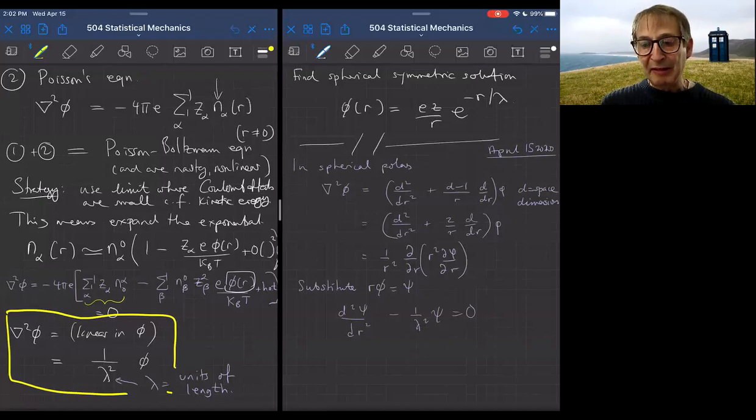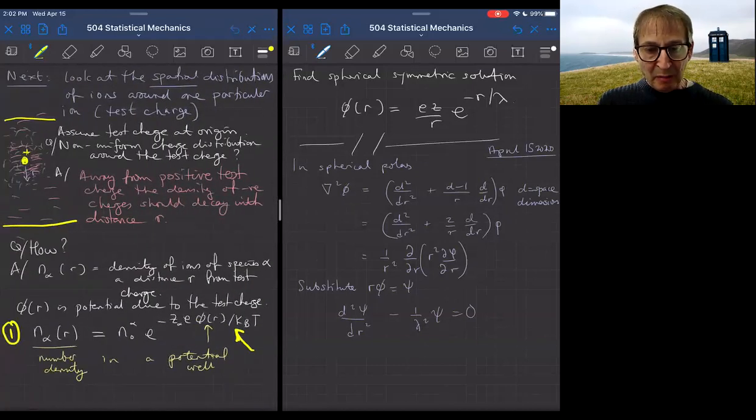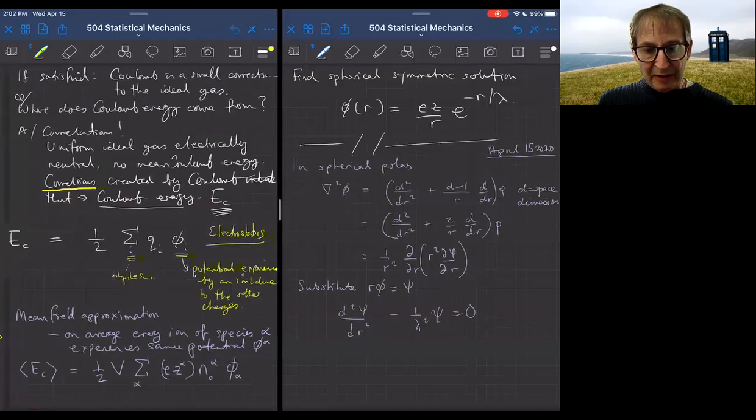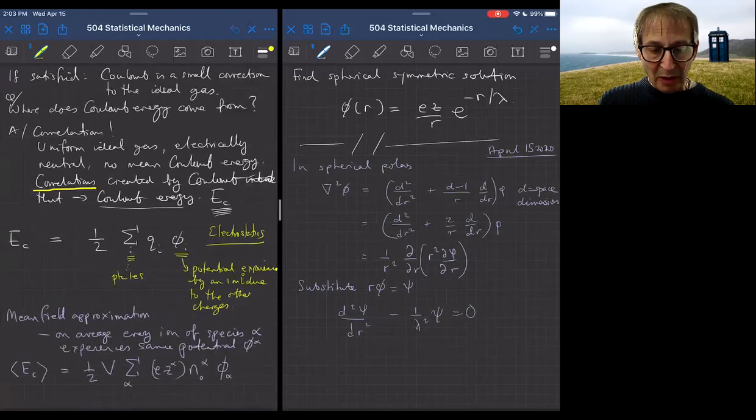Let me briefly recap what we talked about last time. We were discussing the idea of looking at a system which was charged, composed of two ions. We estimated the regime in which there may be small corrections to the ideal gas behavior due to the Coulomb interactions, and we identified what that regime was.